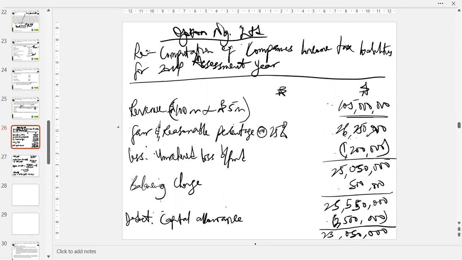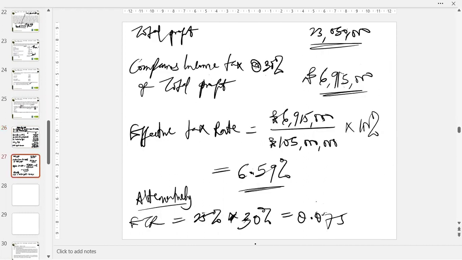Minus 1.2 divided by 105 million, we have minus 0.011.